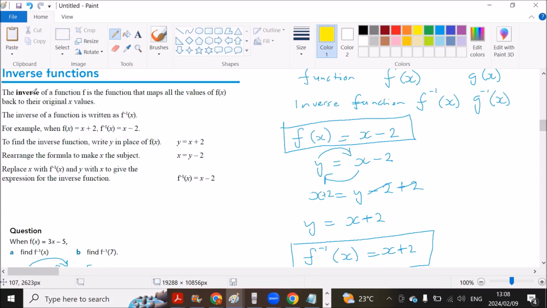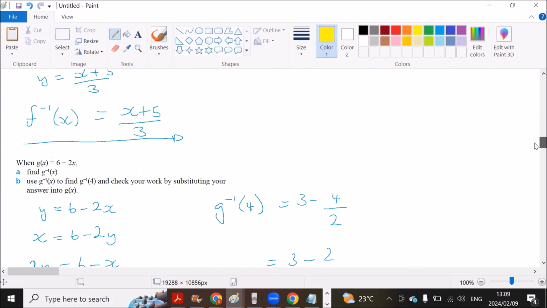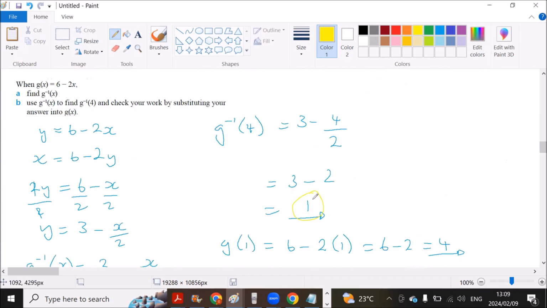So we are saying the inverse of a function is the function that maps all values of f of x back to their original values of x. So if we have our inverse and we put it in our function, we should get the original x value.